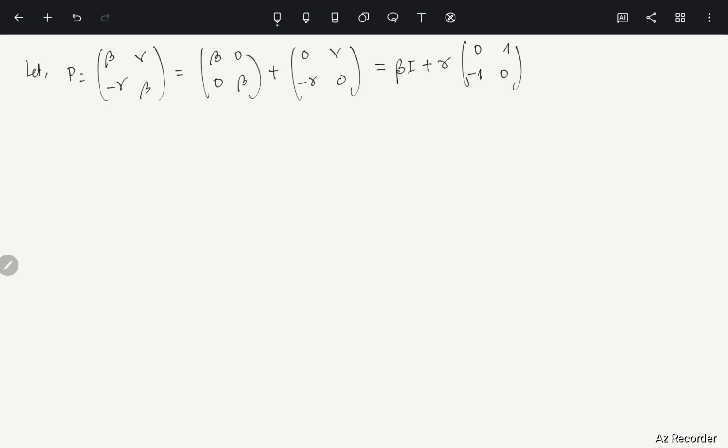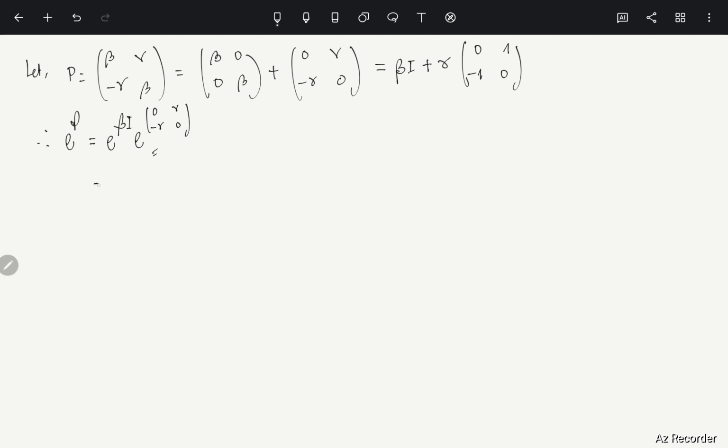Therefore, if we want to calculate e to the power P, what is it? It is e to the power beta I times e to the power of the matrix 0 gamma, minus gamma 0. Now e to the power beta I is very easy to find out.